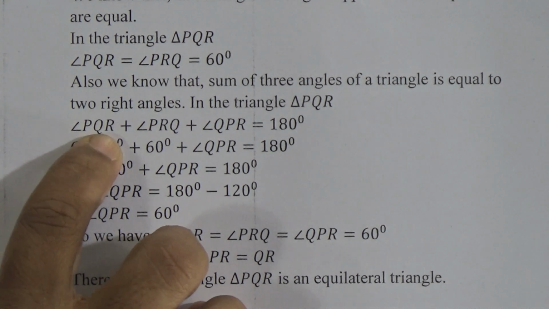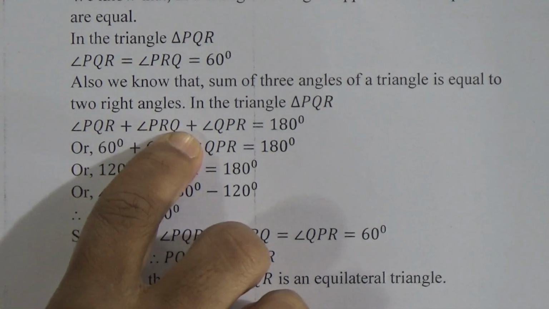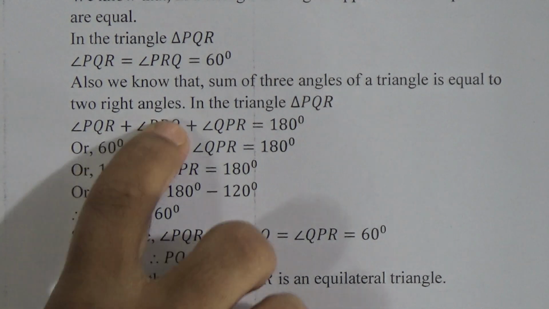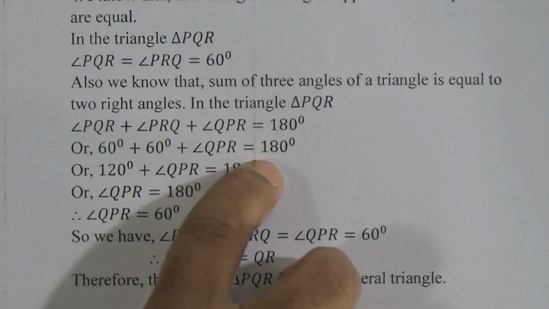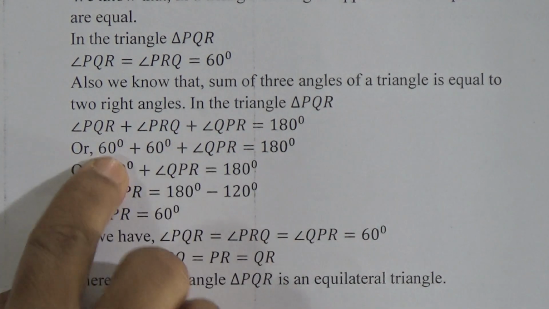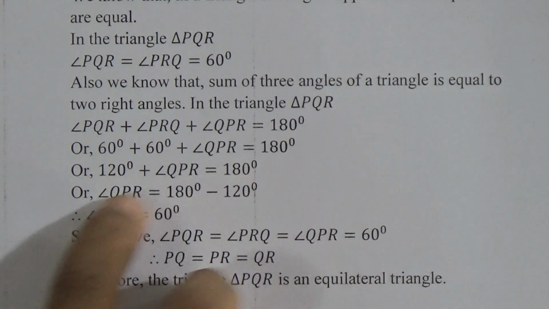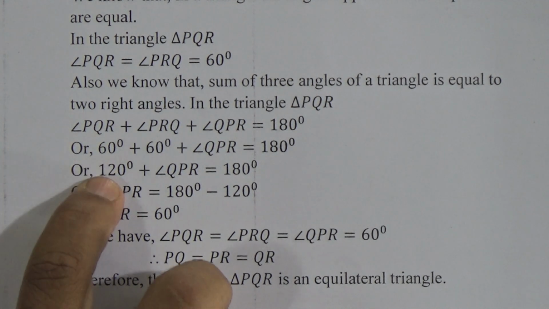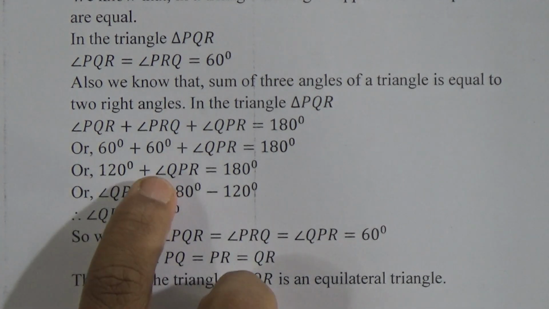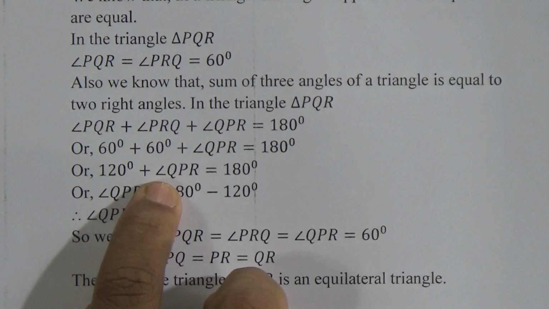Okay, that's why we will put in the values of angle PQR and angle PRQ. 60 degree plus 60 degree plus this one equal to 180 degree. Now the addition of 60 plus 60 gives 120, plus this angle equal to 180 degree. Now we will transfer this 120 to the right side, because we are going to find the angle value of QPR.